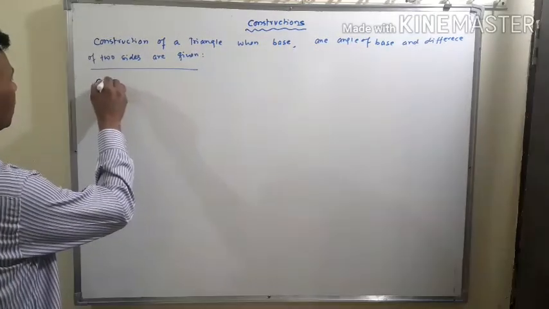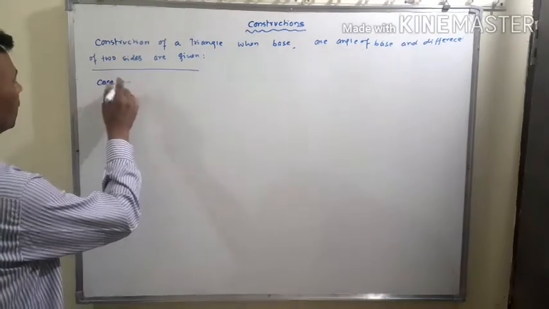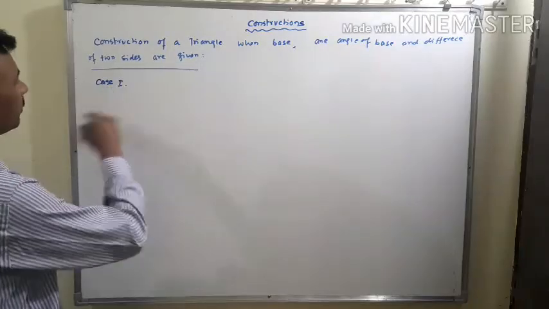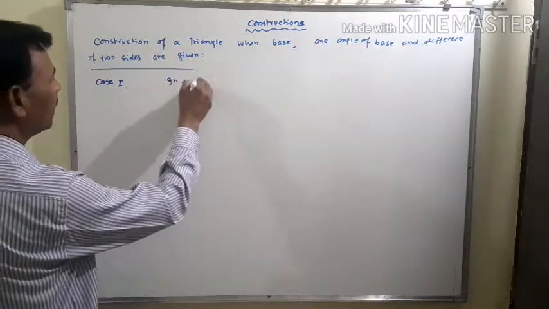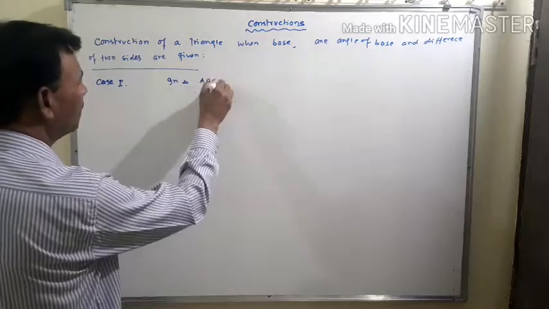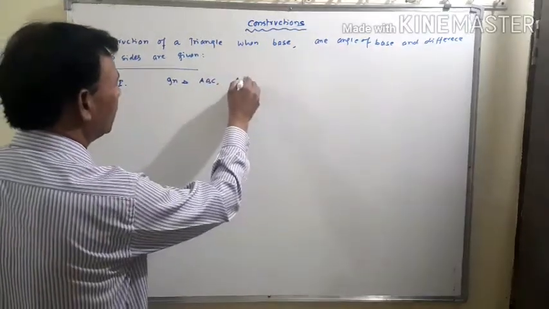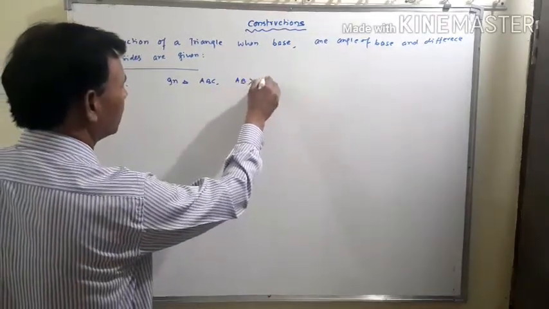Case first: in triangle ABC, AB is greater than AC.